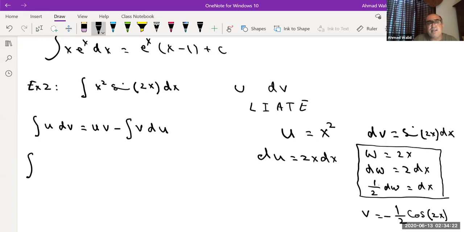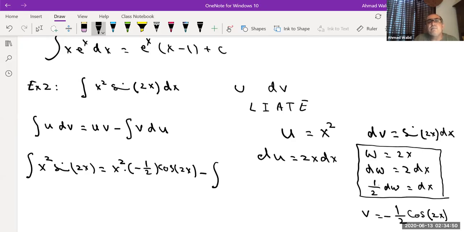Now, integral of x squared sine 2x then equals u. Your u is x squared, times v. What is v? Negative 1/2 cosine of 2x, minus integral v.